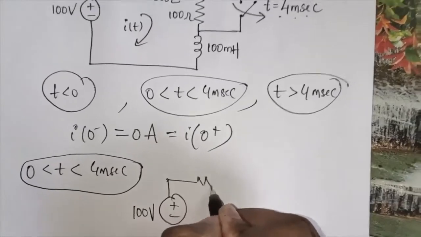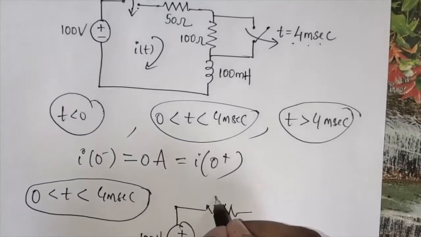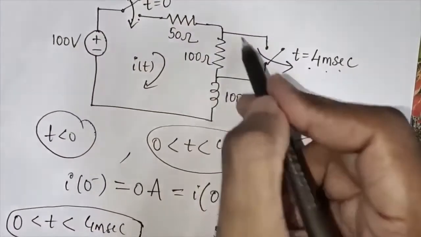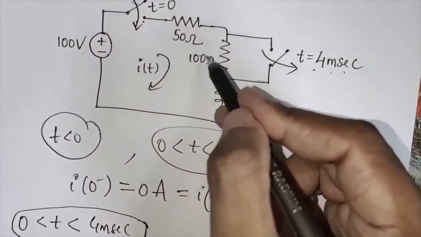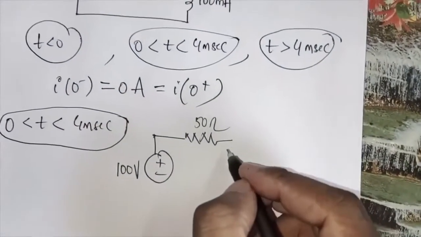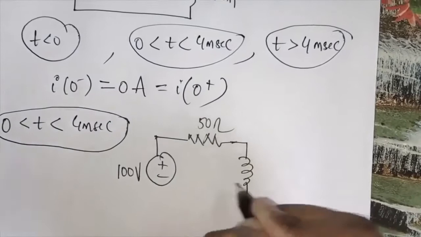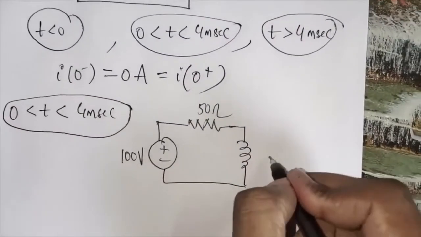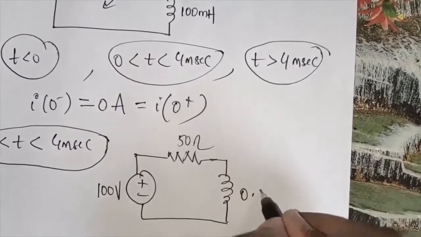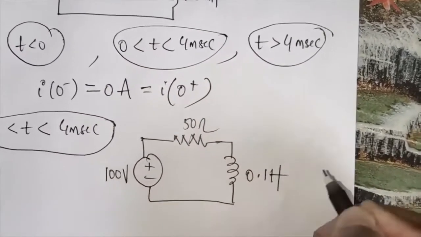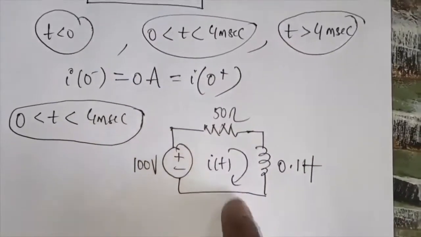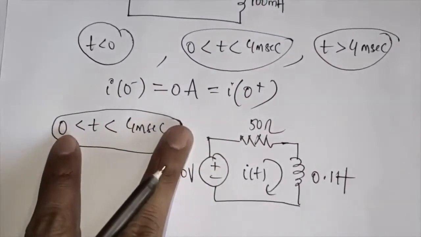Since the switch is closed, we get a resistor of 50 ohms. Since this is a short circuit, the 100 ohm resistor will not play any role in this circuit. Therefore you get an inductor of value 0.1 henries, that is 100 millihenries. Let us consider this current as I of t, and find its expression in this interval.